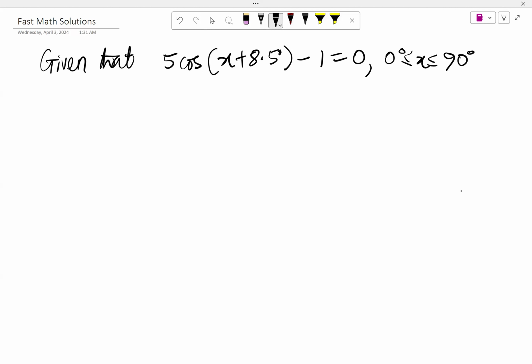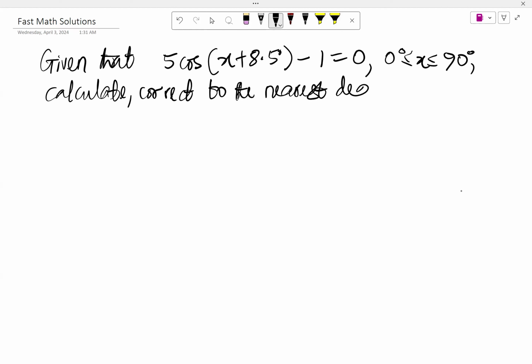So given that 5 cos(x + 8.5 degrees) minus 1 equals 0 in this interval, 0 to 90 degrees, the question is to calculate, correct to the nearest degree, the value of x. So we are looking for x here.